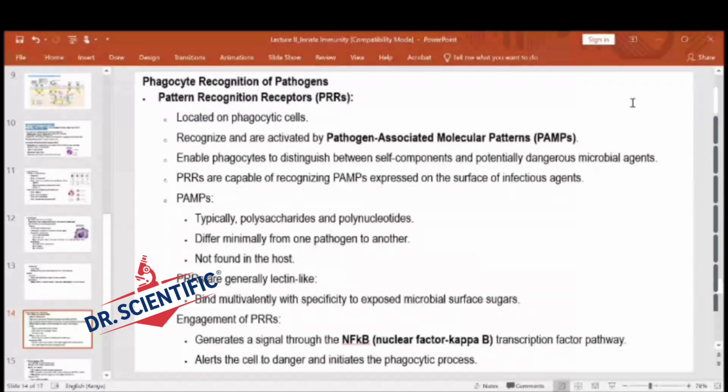These PAMPs, of course, are not present in the host. So we do not have these PAMPs. Therefore, the innate immune cells are able to differentiate self from non-self. Again, these PRRs are lectin-like.